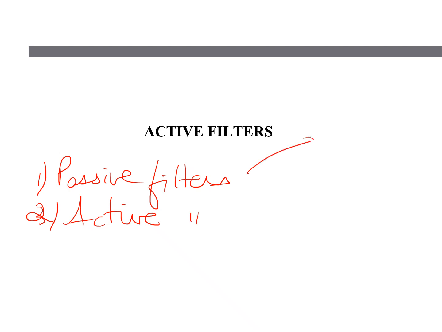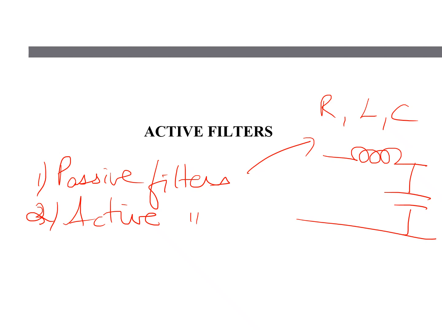Passive filters are those filters which use only resistors, inductors, and capacitors. Active filters are those which use active elements like transistors, operational amplifiers, along with the resistors and capacitors. So, this is the basic difference between active filters and passive filters. We will discuss the different types of active filters in this video.